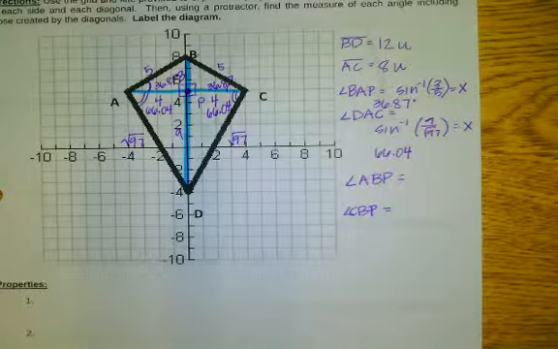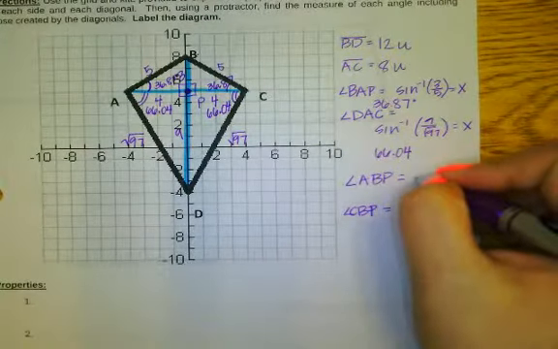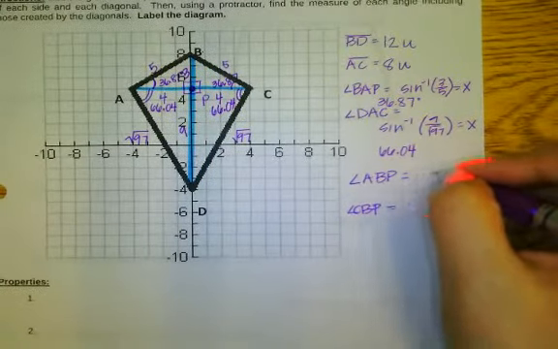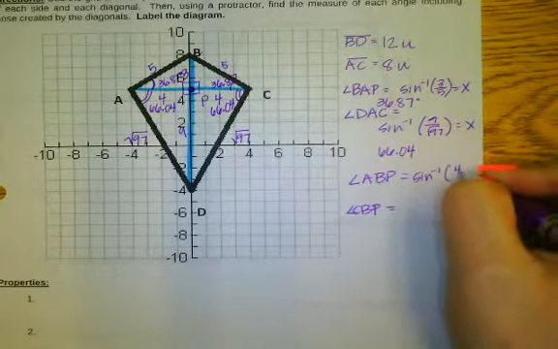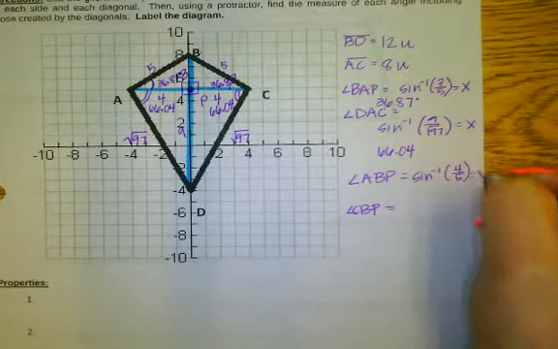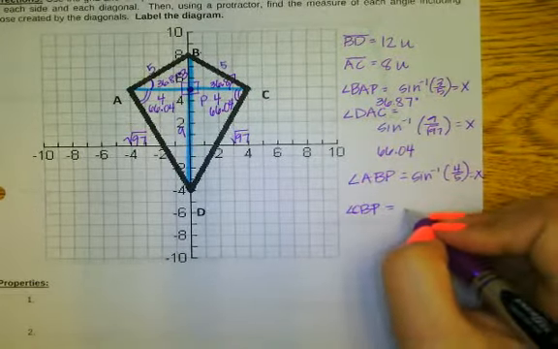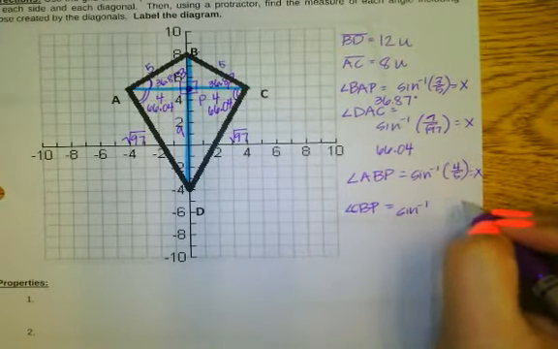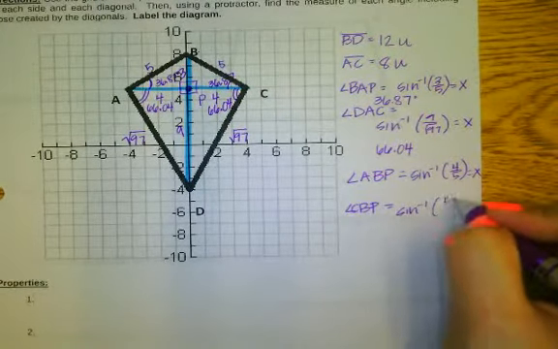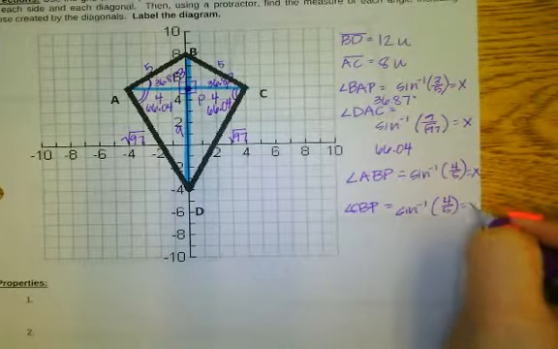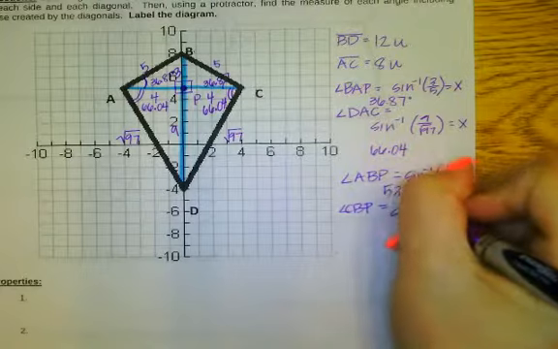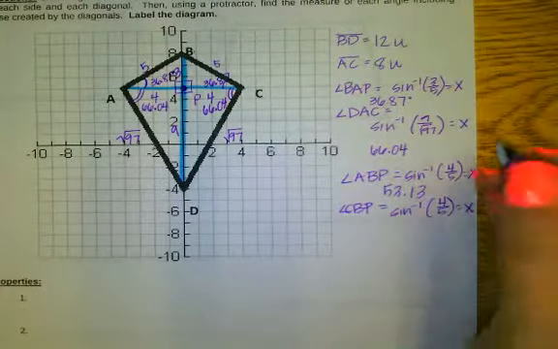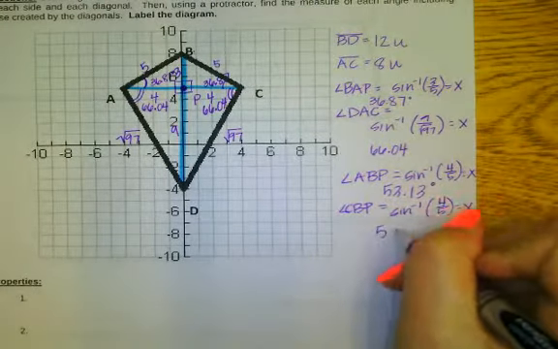You have sine inverse of 4/5. What do we get? 53.13. What about CBP? So are they the same?